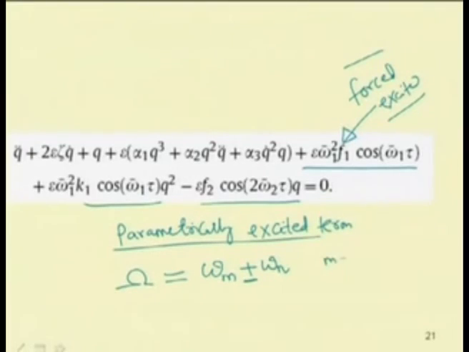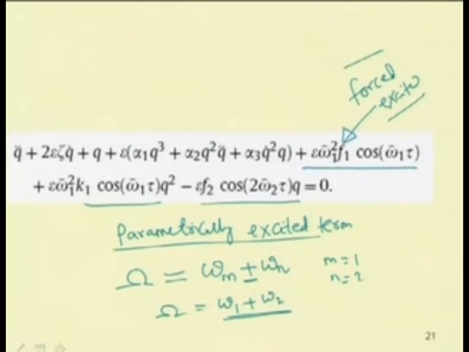If you take any two natural frequencies, for example, let m equal to 1 and n equal to 2, then omega equal to omega 1 plus omega 2. This is known as combination resonance of the first and second type.